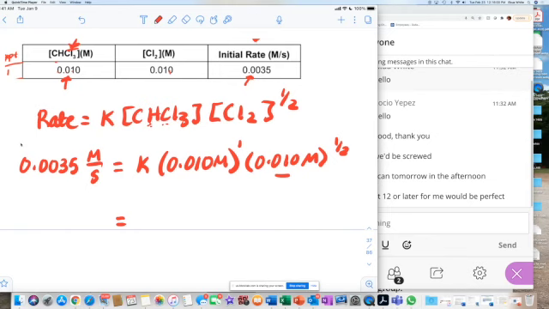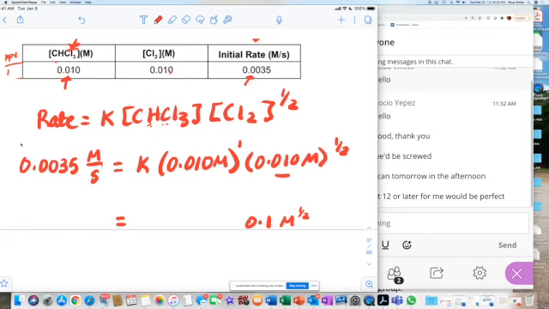0.01, and then this is raised to the power 1/2. So I'm going to write power 1/2. Okay, so the square root of this ends up being 0.1. Okay, then I write the unit M power 1/2, and I'll deal with that as it comes along.